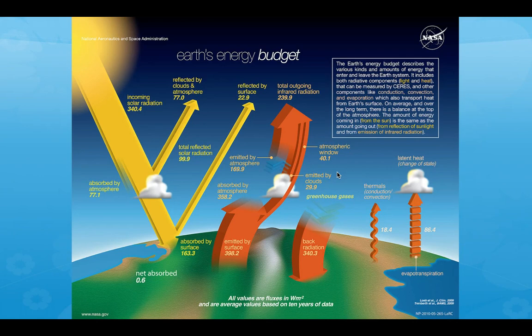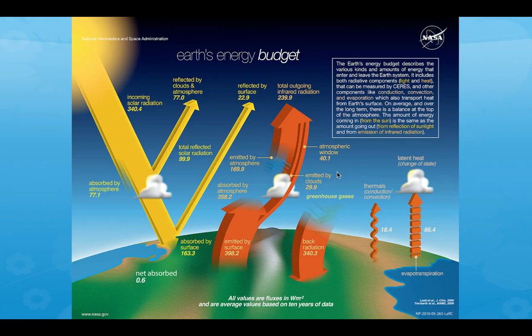So the Earth's energy budget describes the various kinds and amounts of energy that enter and leave the Earth's system. It includes both radiative components, such as light and heat, that can be measured by CERES, C-E-R-E-S, and other components like conduction, convection, and evaporation, which also transport heat from Earth's surface.